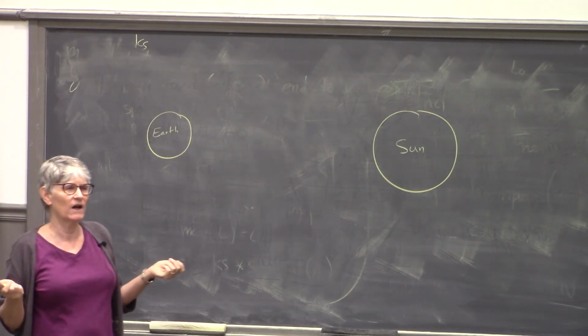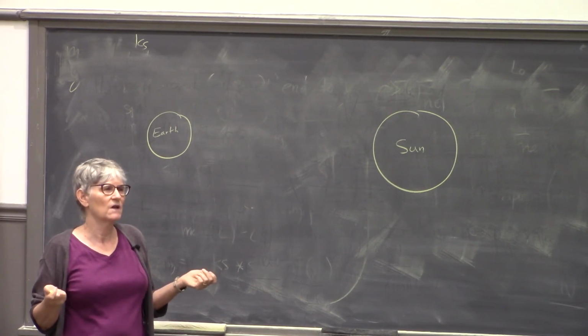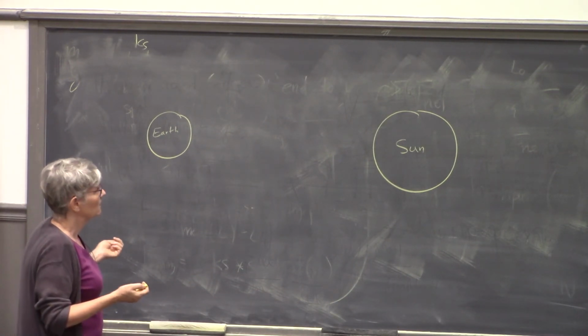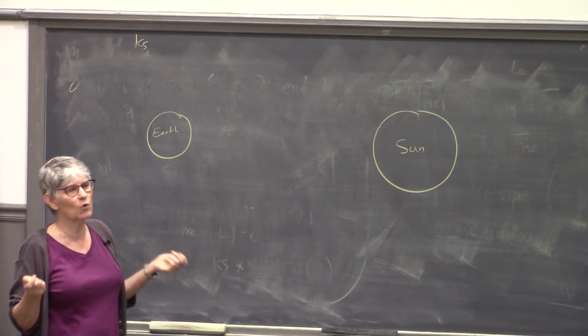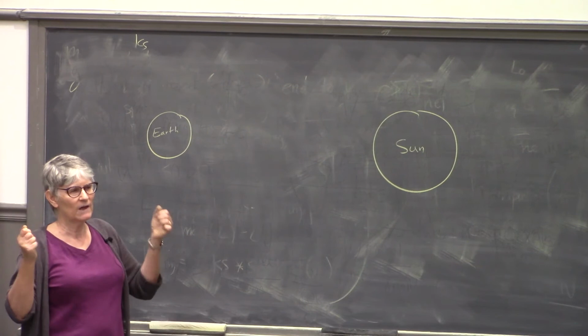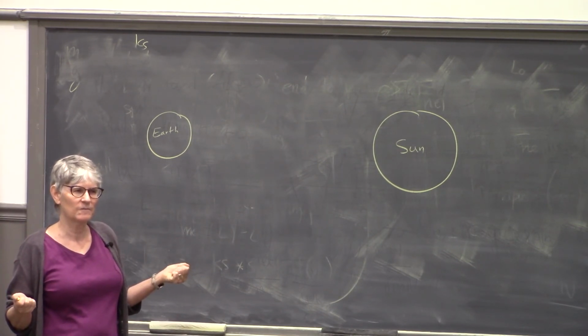These objects interact with a force that we call a gravitational force, and they're attracted to each other. Gravitational force seems to have only one possible direction. Any massive object attracts another massive object.